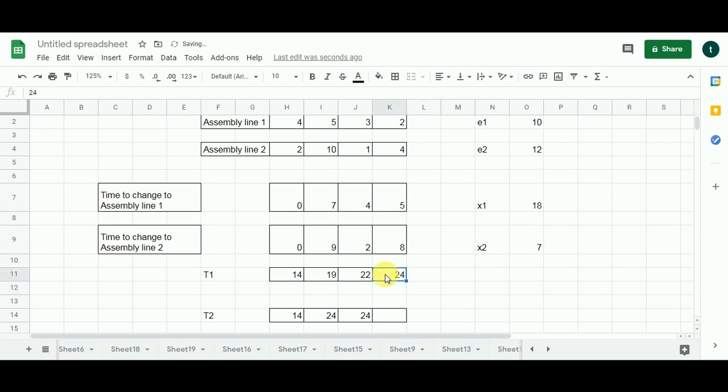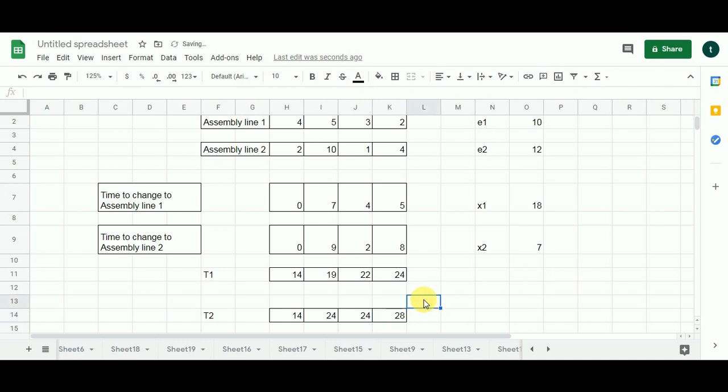Alright. Over here we have got two choices. Again, the chassis can arrive from the same assembly line or it can arrive from assembly line 1. So when it arrives from the same assembly line, the time incurred will be 24 plus 4, so it becomes 28.